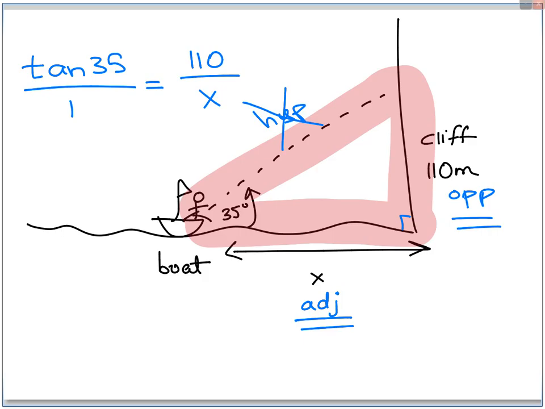So 110 times 1, still 110. Divide by tan 35. So 110 divided by tan 35 equals x. All right. 157.1 meters, to 1 decimal place.